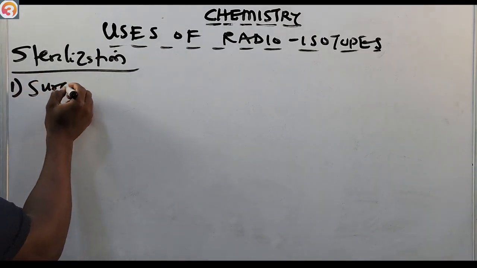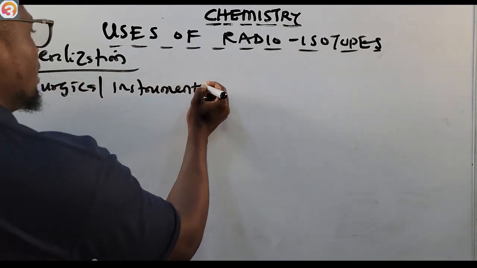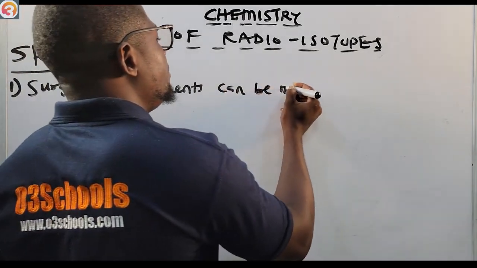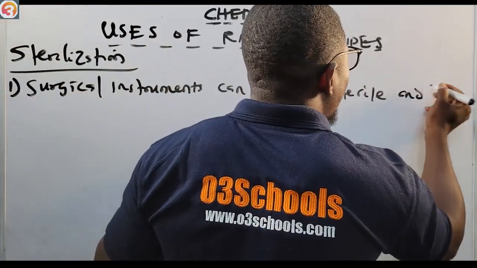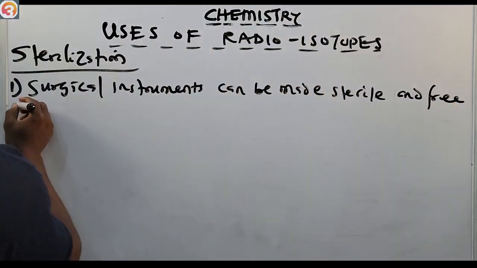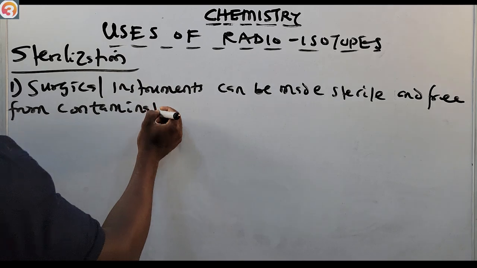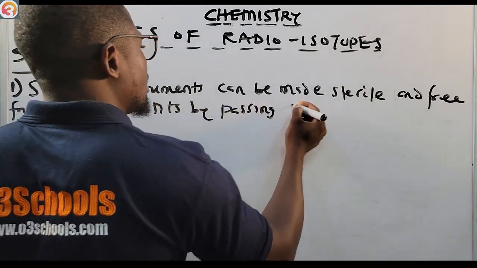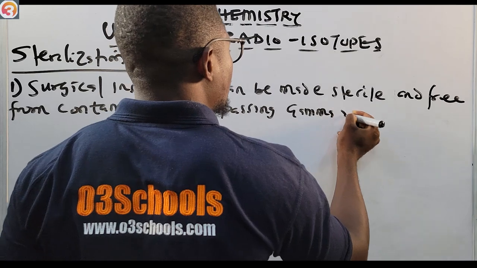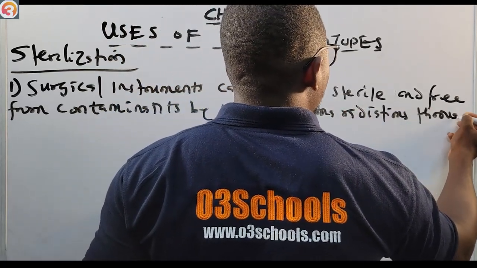Surgical instruments can be made sterile and free from contaminants by passing gamma radiations through them.